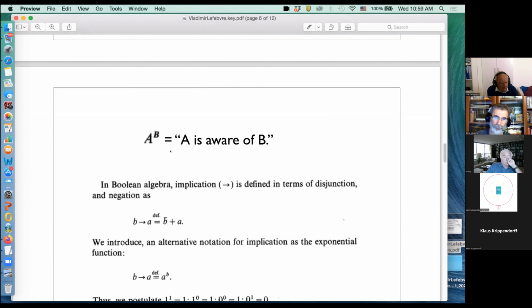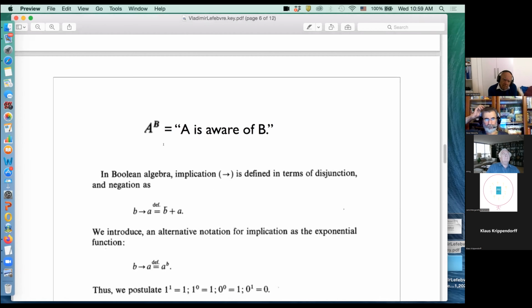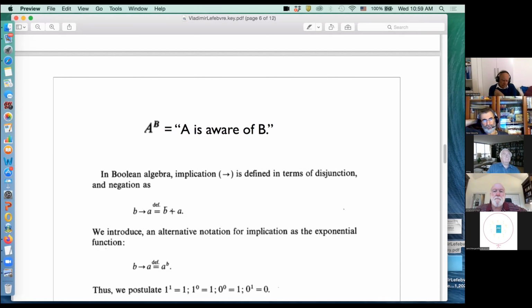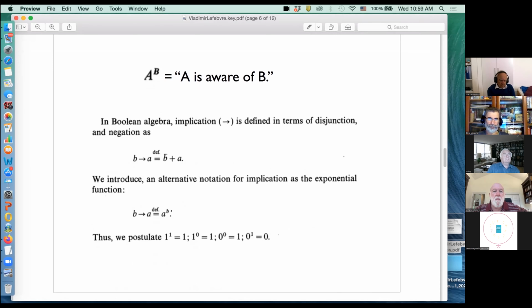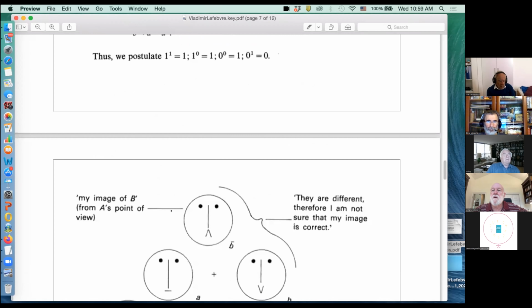So A to the B means A is aware of B. That's notation for it, but it means that it is represented by B implies A, which is not B or A. At this point, if you wanted to go further, you would have to play with the Boolean algebra to understand how it's working.